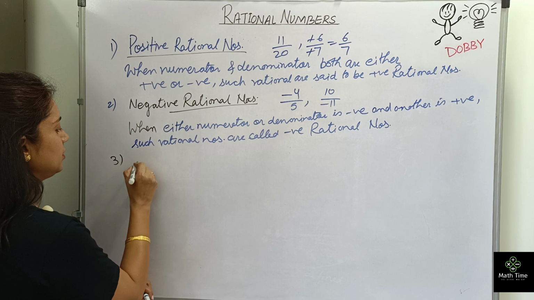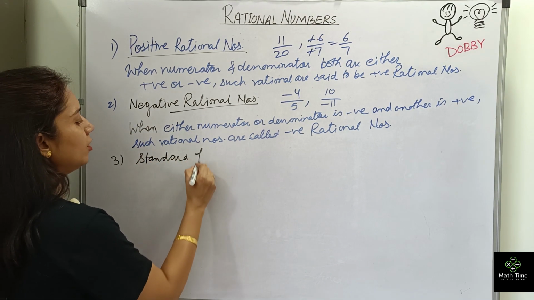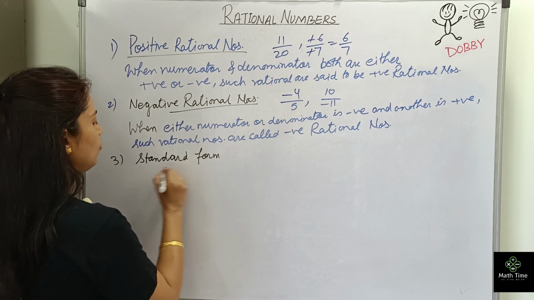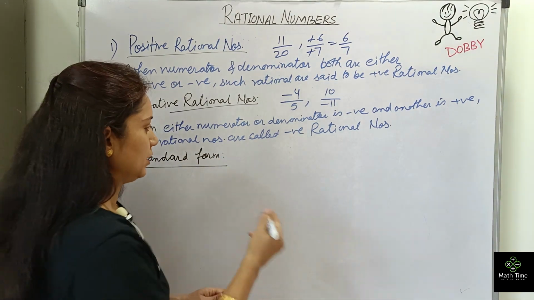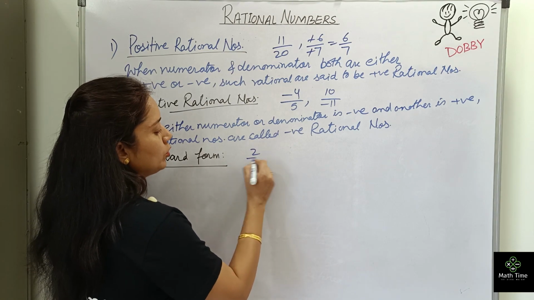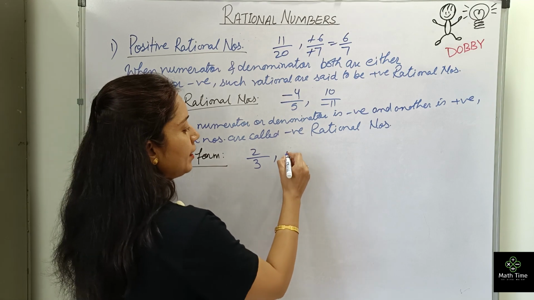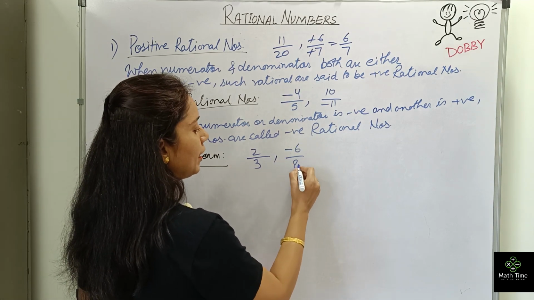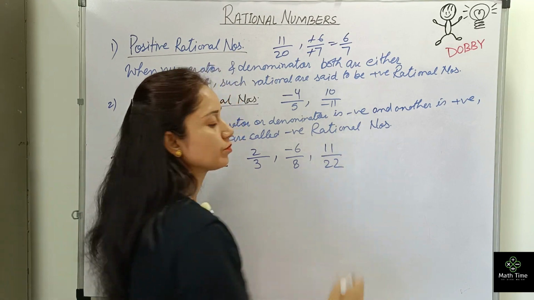Our third is standard form of rational numbers. So when we say the rational number is in the standard form, suppose you are having one rational number 2 upon 3, another minus 6 upon 8, another 11 upon 22.